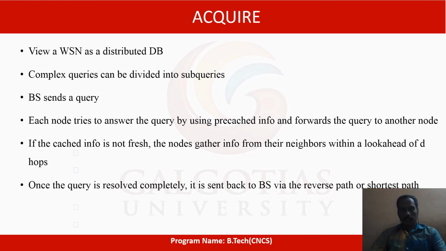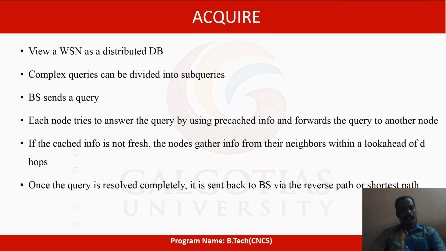Then ACQUIRE, which views the WSN as a distributed database. A complex query is divided into subqueries. The base station can send the queries. Directed diffusion cannot handle complex queries due to so much flooding, whereas ACQUIRE can adjust for efficient query processing.